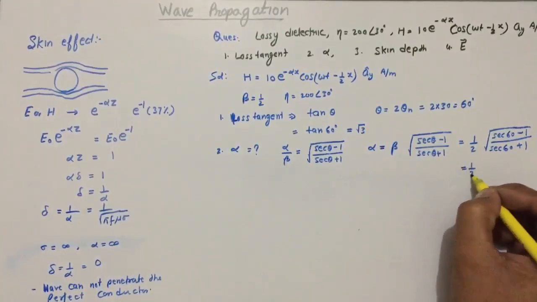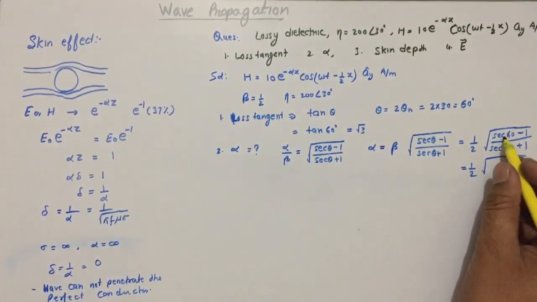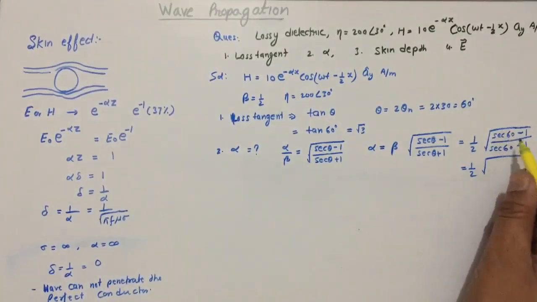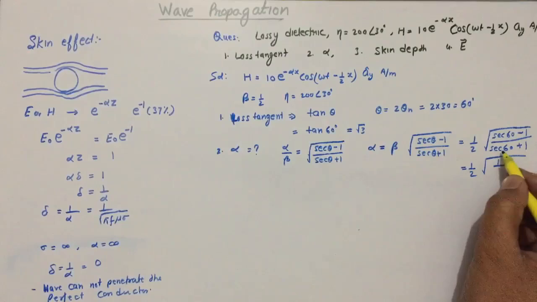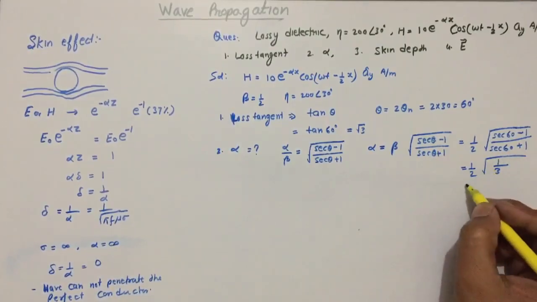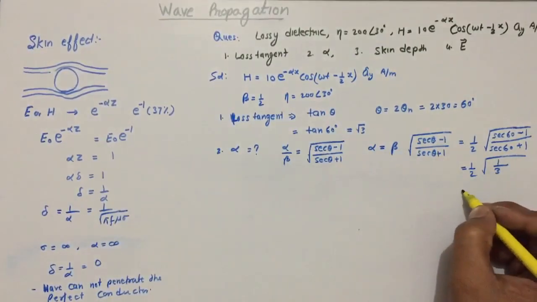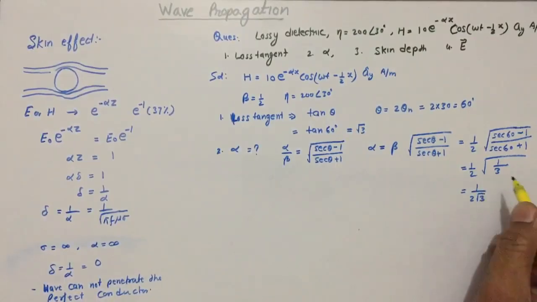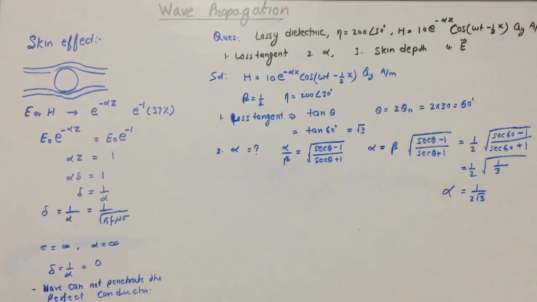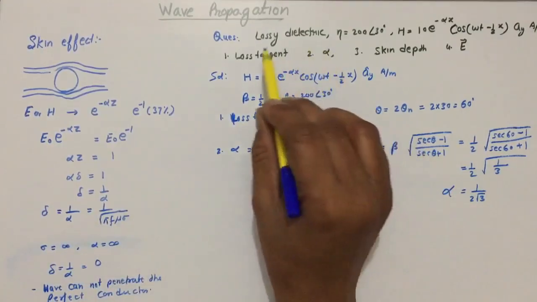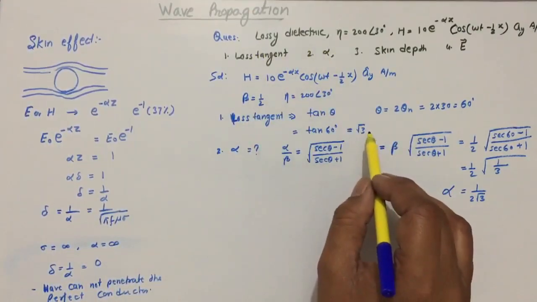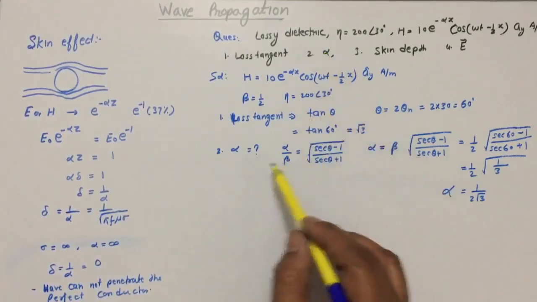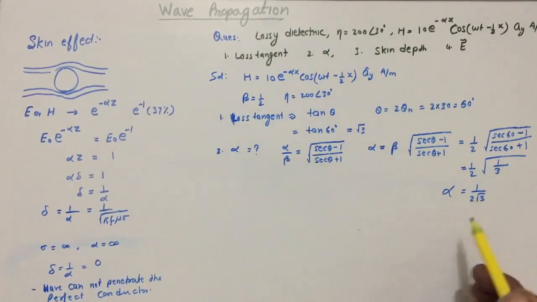After simplification you will find 1 by 2 inverse, 2 minus 1 is 1, 2 plus 1 is 3. So it will give you 1 by 2 root 3. So this is the value of alpha. So loss tangent is known from here, and alpha we came to know like this.